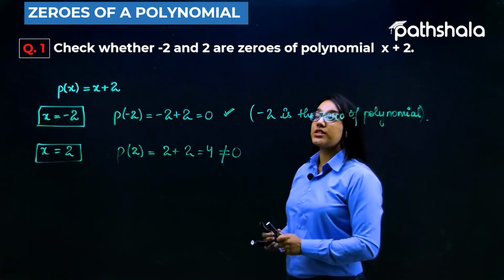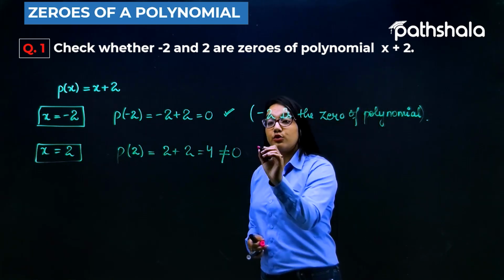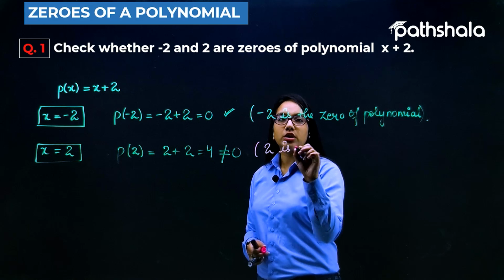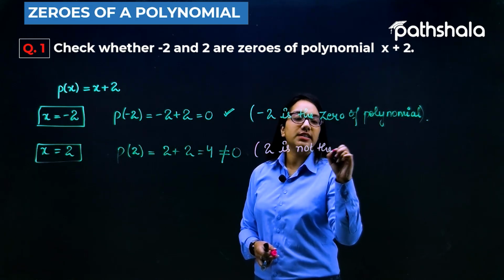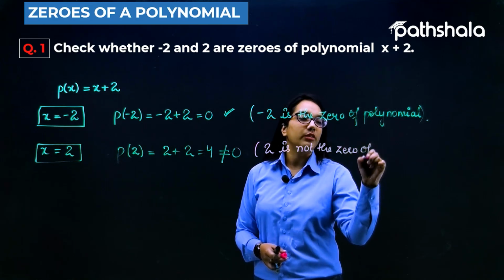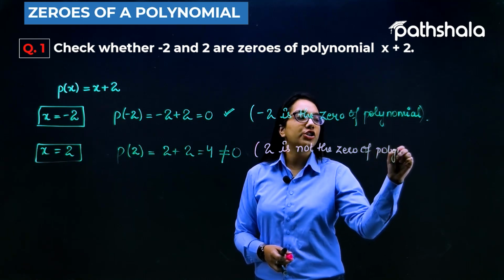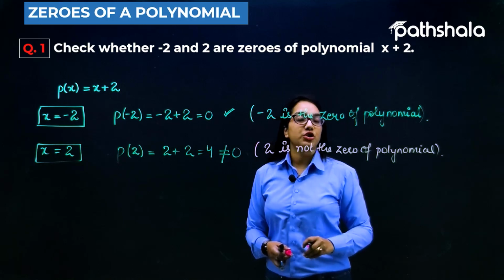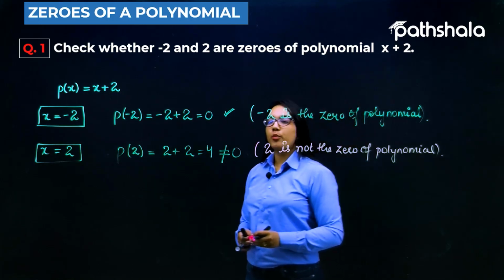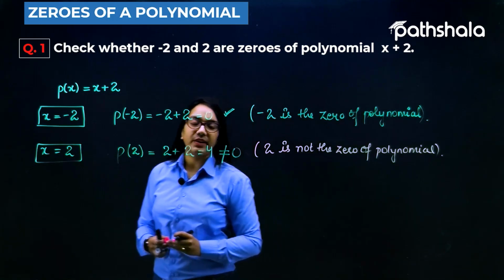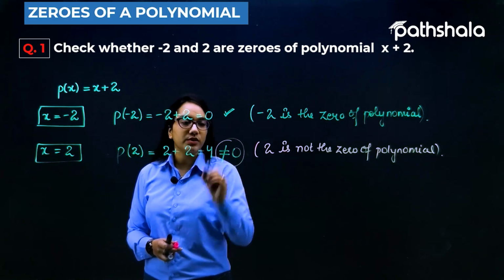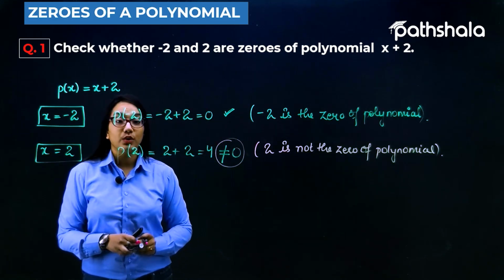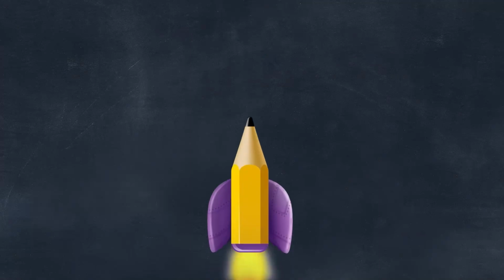So 2 is not the zero of the polynomial, because it is not satisfying the condition that after substituting c in the polynomial, p(c) should necessarily be equal to 0. It is actually not equal to 0, so it is not the zero of the polynomial.